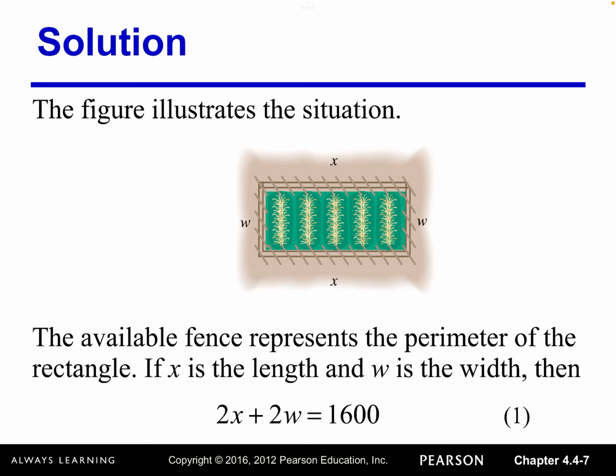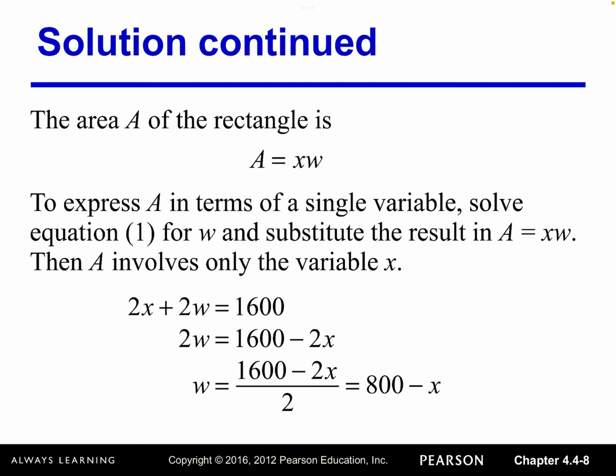And the process you can watch. First, we list the equation to represent the rectangular garden's perimeter. And then the area of the rectangle is length times width, right?